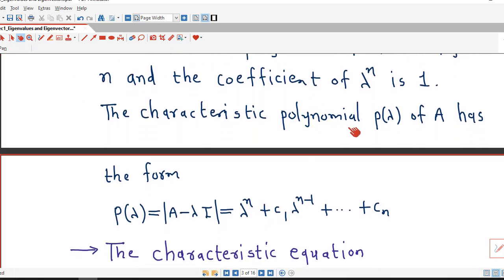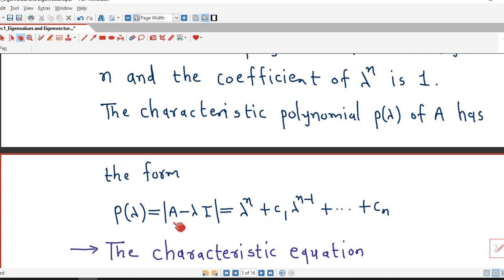So the characteristic polynomial of a given matrix will always be in this form: determinant of A minus lambda I equals lambda raised to n plus c1 lambda raised to n minus 1 and so on plus cn. So this is a polynomial in lambda.